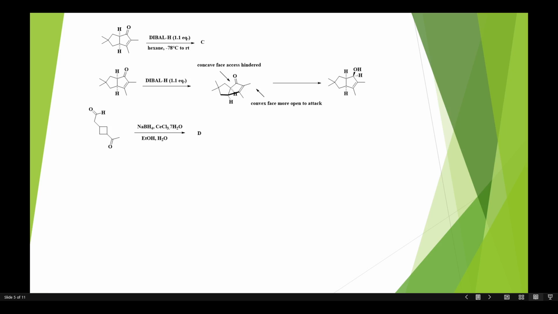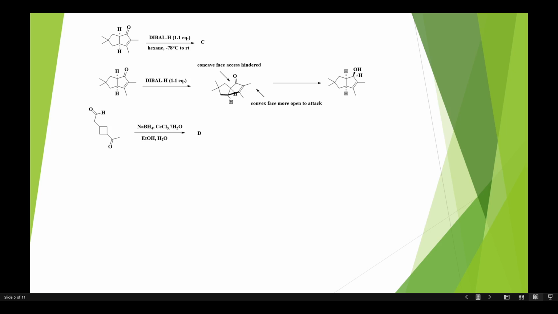These are used particularly when you have, for example, a keto and an aldehyde and want to reduce the less electrophilic ketone, which we can reduce using sodium borohydride and the trichloride. How will it form? It will form a hydrate.